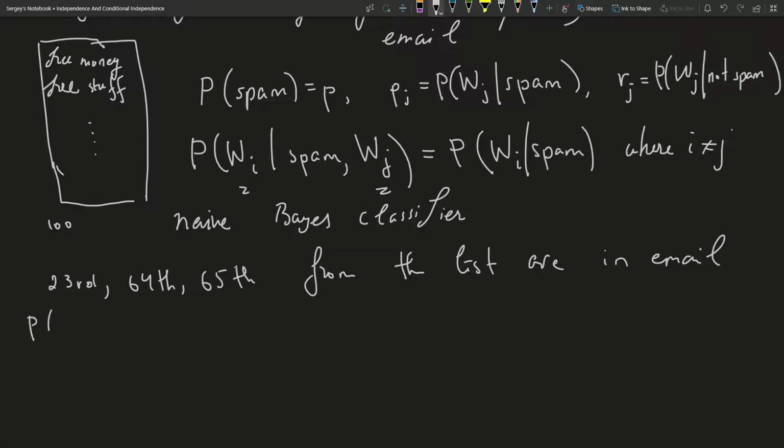So we'd like to know the probability that the email is spam given that W23 has occurred, W64 has occurred, W65 has occurred. But for the remaining W's, the complements have occurred. So the remaining words are not in the email. So we have W1 complement, W2 complement, etc. up to W100 complement.